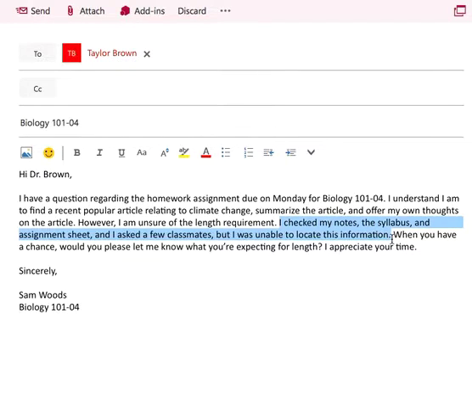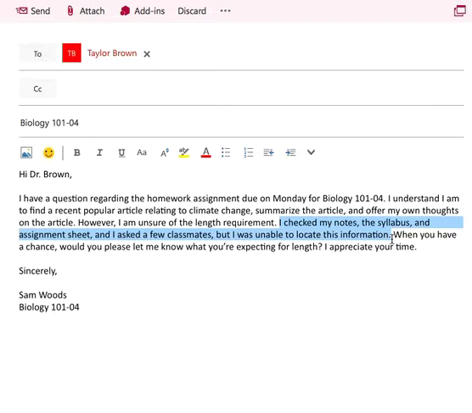So again, telling the professor how it is that you've already tried to answer this question yourself shows a particular level of initiative and professionalism. So this information is important to show that he is taking initiative and respects the professor's time. He's asking the question only because he exhausted his resources to try to answer his question.